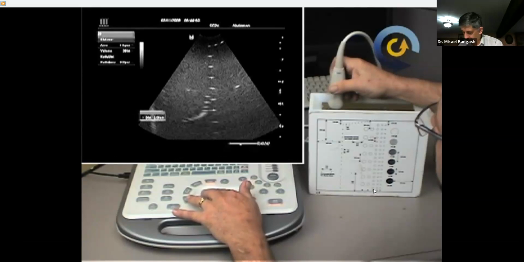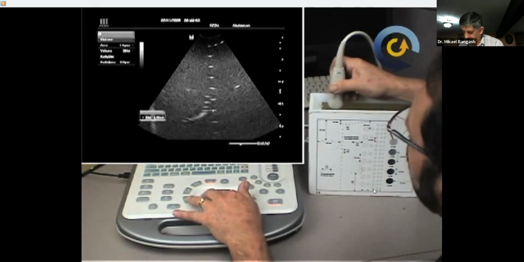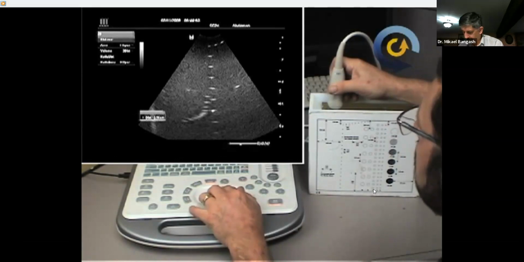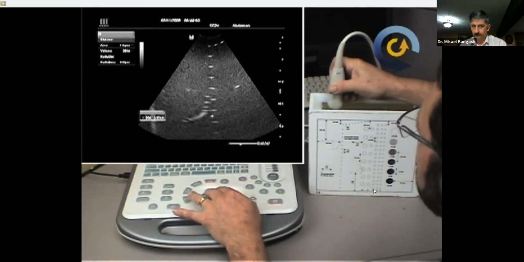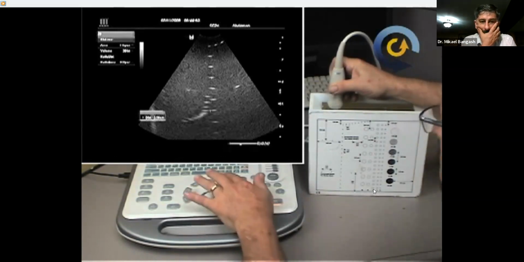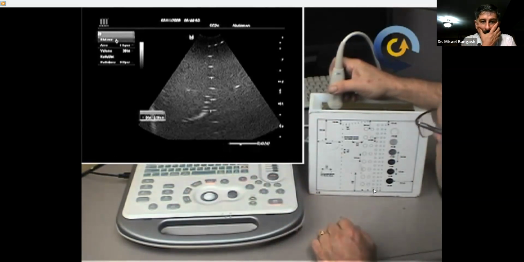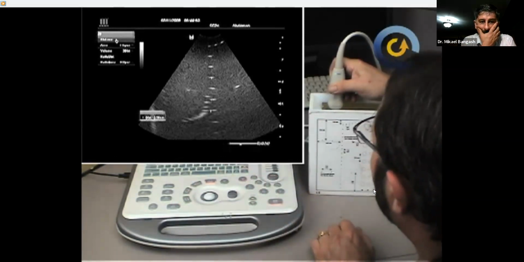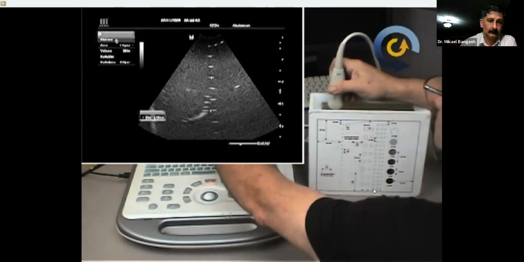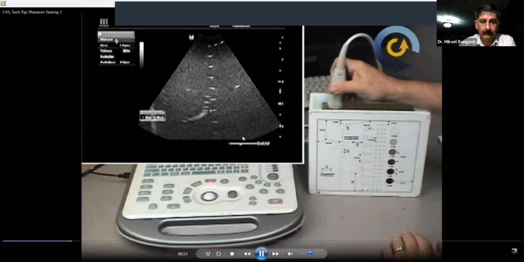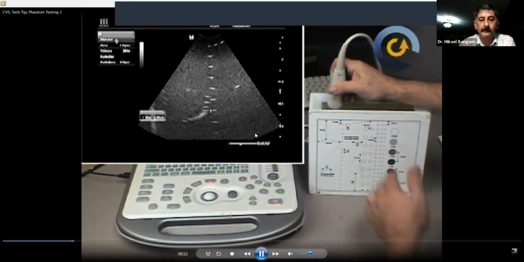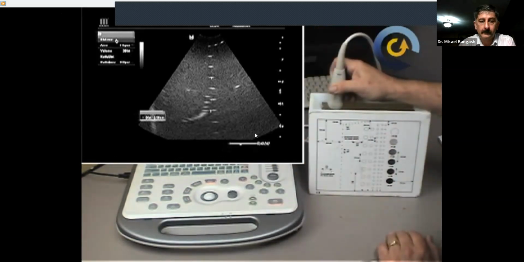I'll move that down, say at least 3 centimeters, to the bottom there again, right below. Hit set. Here's my measurement: 2.98 centimeters. We're expecting 3 centimeters. That's a very good measurement, showing that our axial measurements are right on.